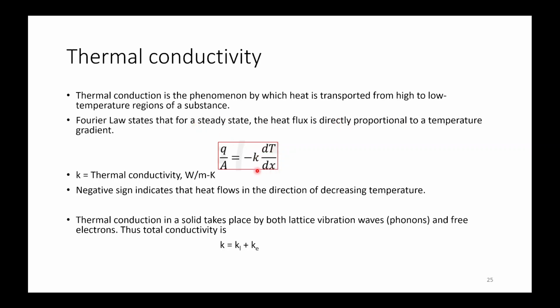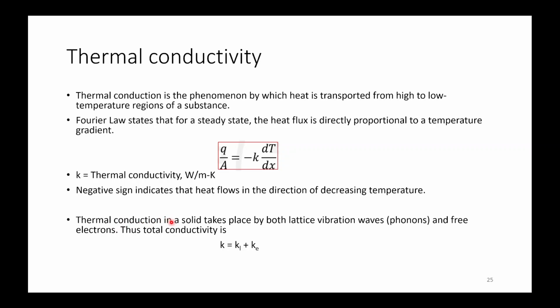So this will be proportional to your heat flux, and there will be a proportionality constant which will be K, and K will be the thermal conductivity of that material, which is measured in watts per meter Kelvin. And the minus sign is because this heat will be flowing in the direction of decreasing temperature. So from high temperature to lower temperature, it will be moving in that direction.